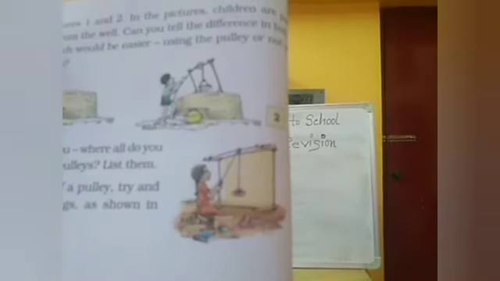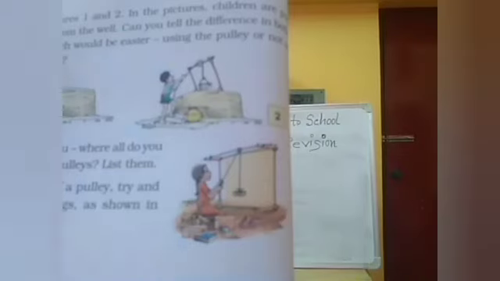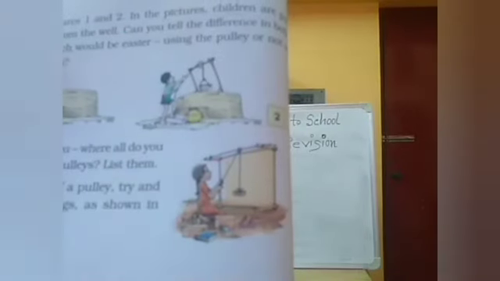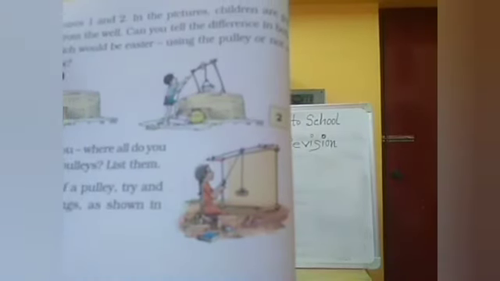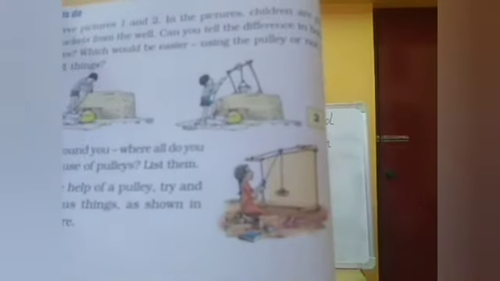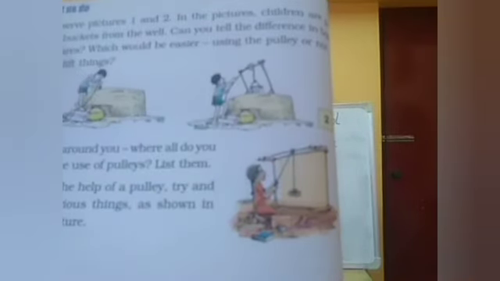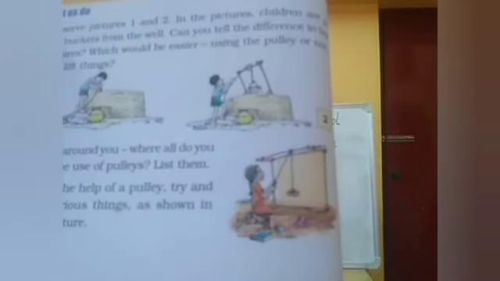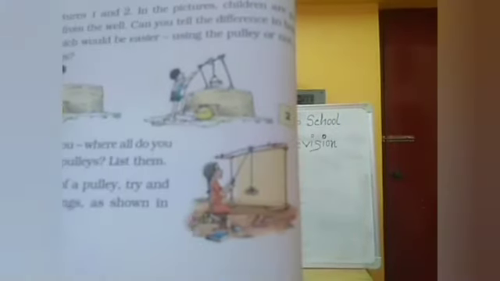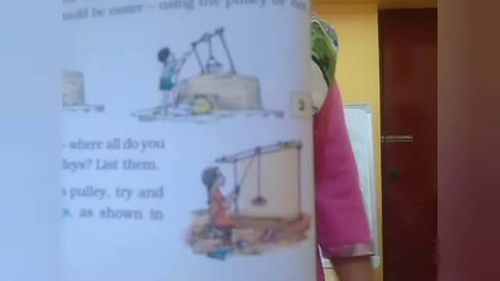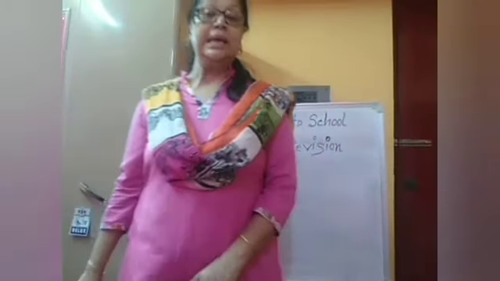We have to put less force to carry things if we are drawing water or carrying something with the help of a pulley, compared to doing it manually by hand. So a pulley is a kind of simple machine which helps us to draw water and do work with ease and less effort.